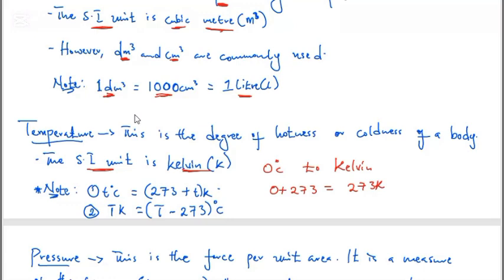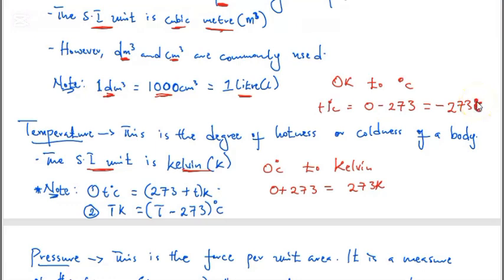Then if you want to convert from Kelvin to Celsius, you subtract 273 from Kelvin. So let's say you want to convert 0 Kelvin to degrees centigrade. Your temperature in degrees Celsius will be equal to 0 minus 273, which is minus 273 degrees Celsius.